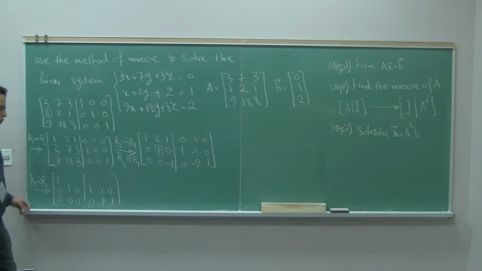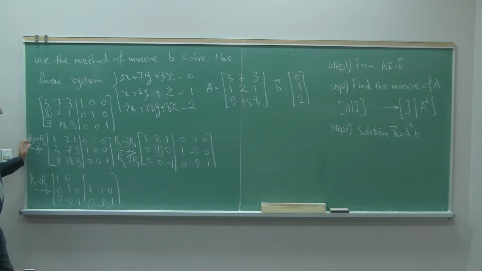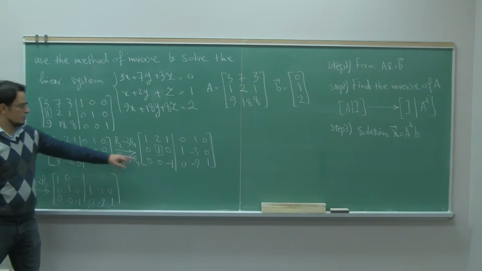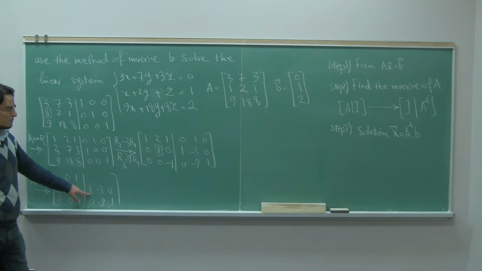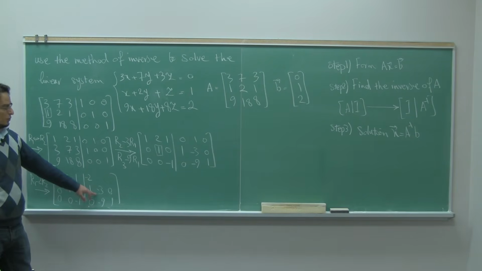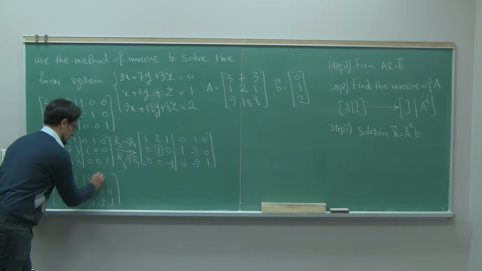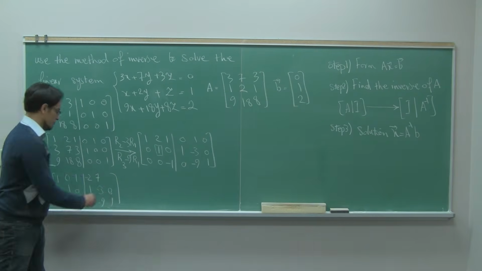Negative 2 times 1 is negative 2 added to 2 is 0. Negative 2 times 0 is 0, add to 1 is 1. Negative 2 times 1 is negative 2. And negative 2 times negative 3 is 6, added to 1 is 7. Negative 2 times 0 is 0, added to 0 is 0.